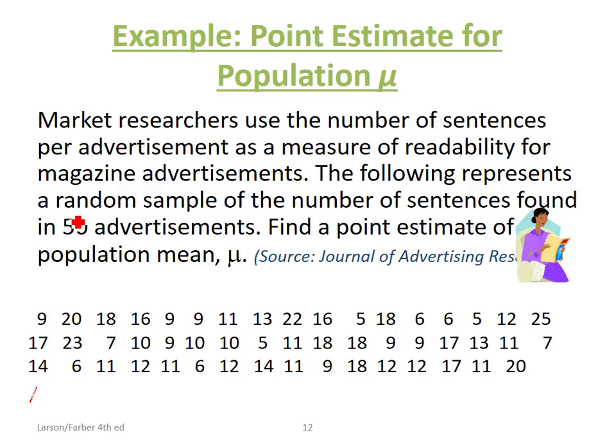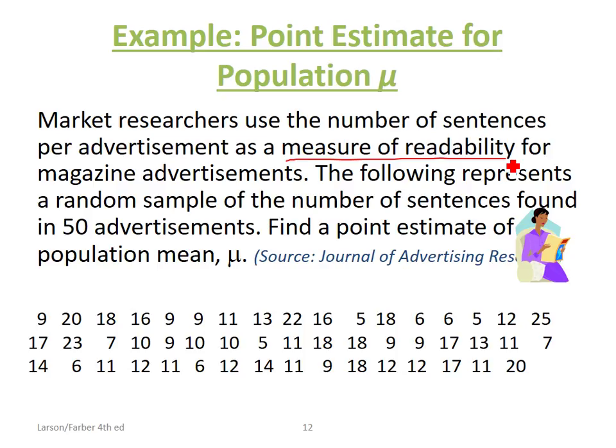Same idea on this one. Market researchers use the number of sentences per advertisement as a measurement of readability for magazine advertisements. In other words, what's that telling us? If you write some big long 6-page article and put it in a magazine, is it going to get read? Probably not.